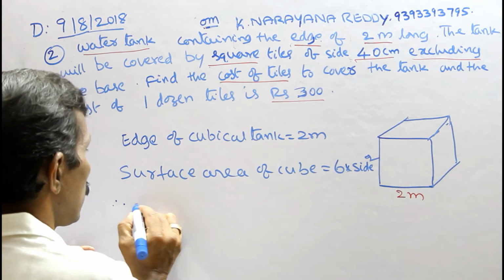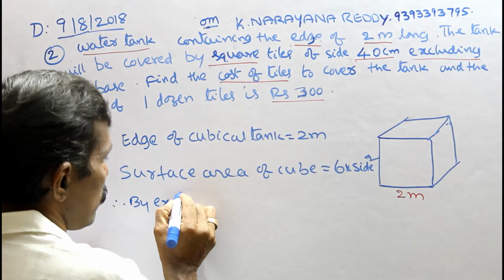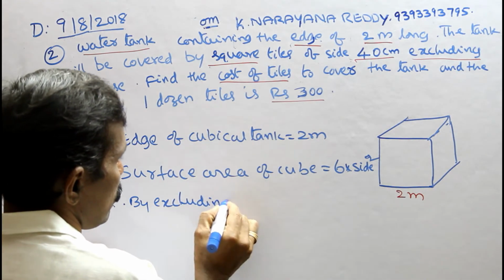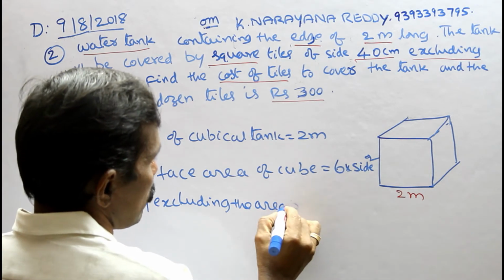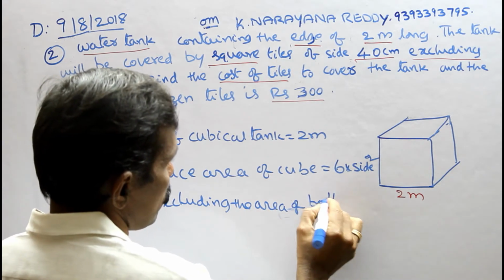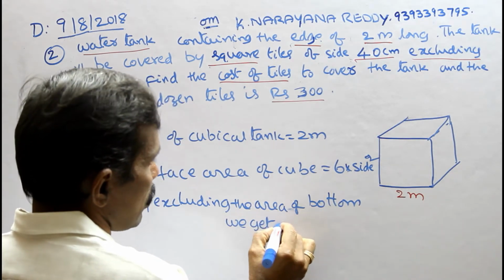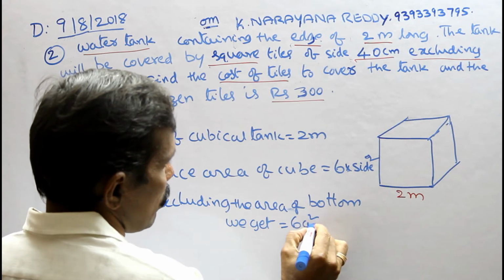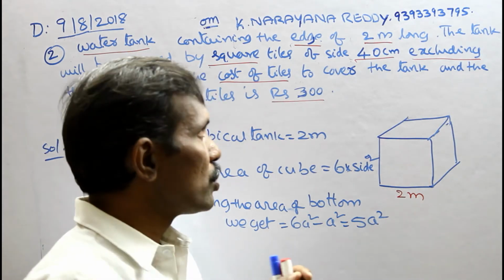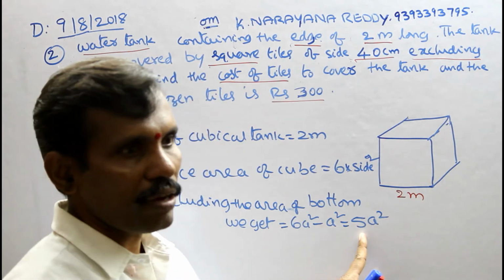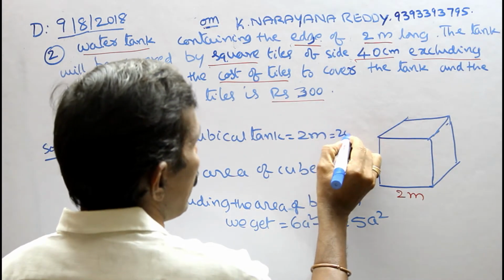So by excluding the area of the bottom, we get 6a square minus a square, which is equal to 5a square. This is the surface area of 5 sides, not the bottom, where the side equals 200 centimeter.